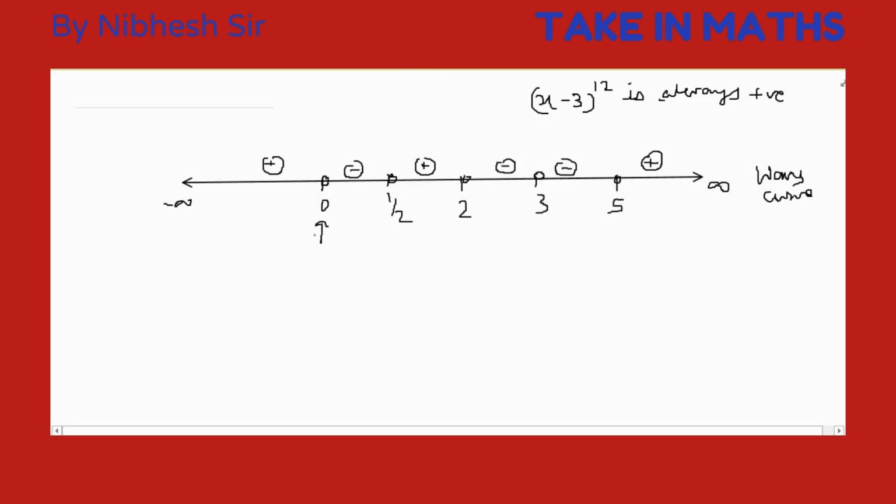So at x = 0 it changes from positive to negative, so it attains a maximum. At 1/2 it is negative to positive, so it is a minimum. Again at 2 it is positive to negative, so at 2 it is a maximum. Then negative to positive, so at 5 it is a minimum.